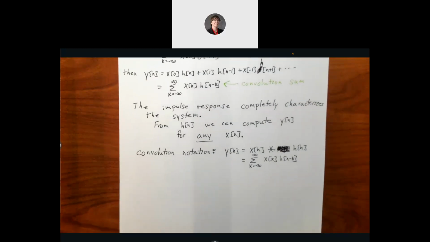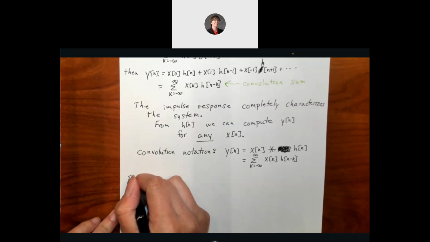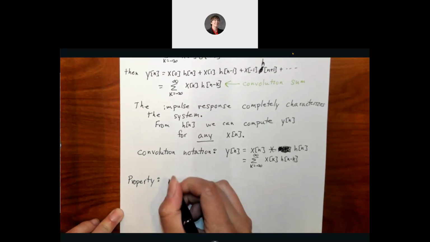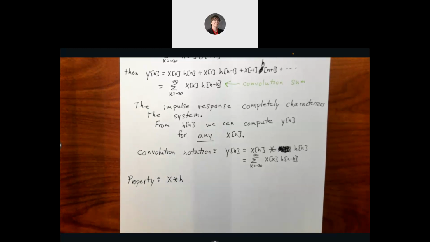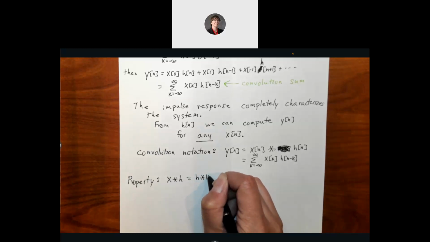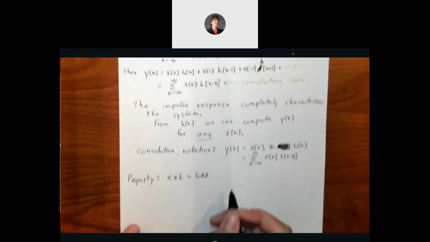So there is one really powerful property that's associated with convolution, is that if I have two signals, x and h, that I'm convolving, x convolved with h is the same as h convolved with x. Right?